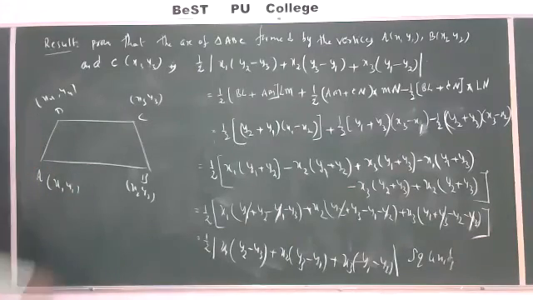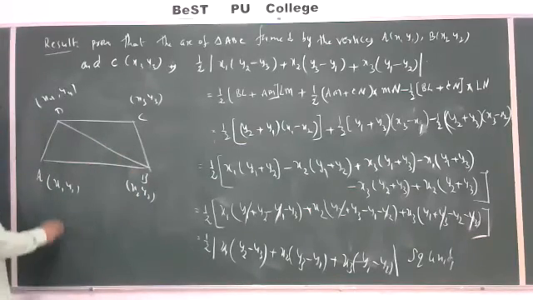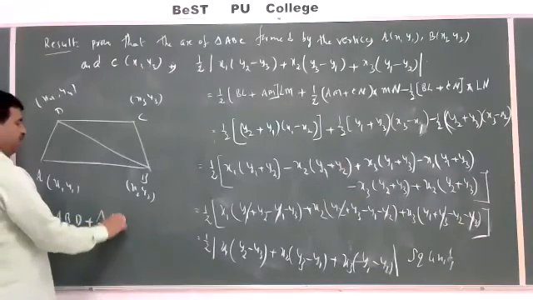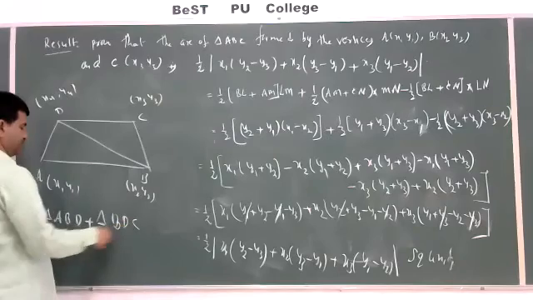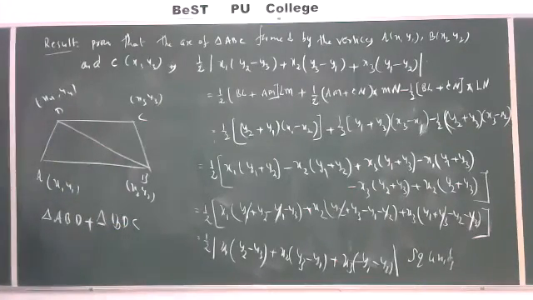Tell me, by using this formula, how to find the area of the quadrilateral: draw the diagonal. Area of the triangle ABD plus area of the triangle BDC. By adding these two triangles, we will get the area of the quadrilateral. 2 times you have to apply. You have this problem in NCERT textbooks. Okay, now done.